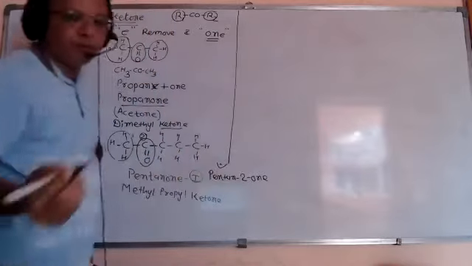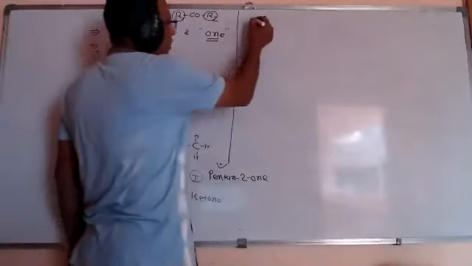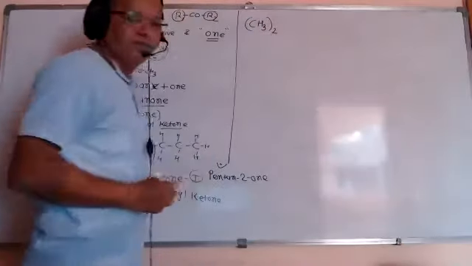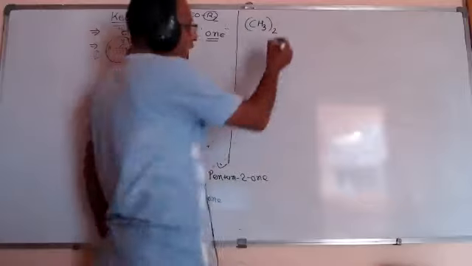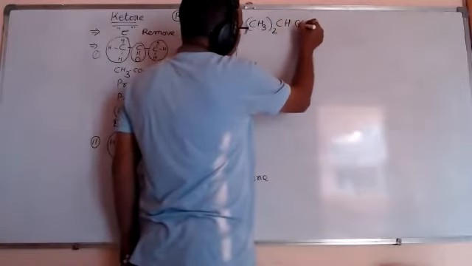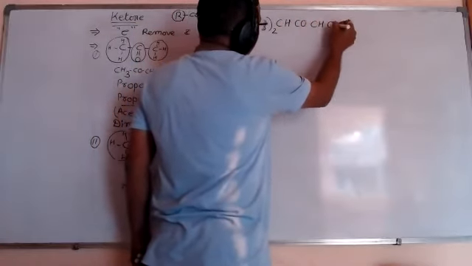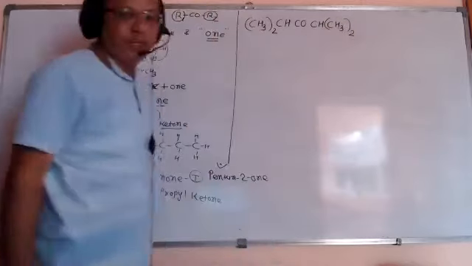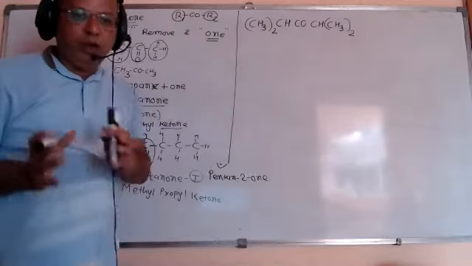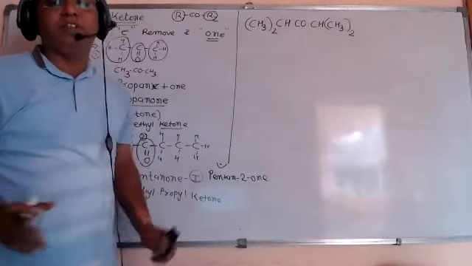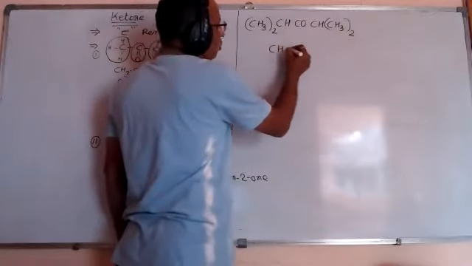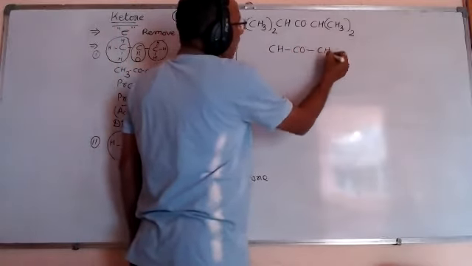Second thing: if different types of compounds are given, for example, CH3 twice, then CH, CO, CH and CH3 twice. This is given, friends. First of all, you have to convert it into a simpler form. So CH, CO, CH.